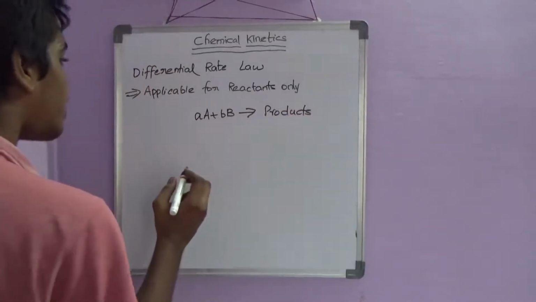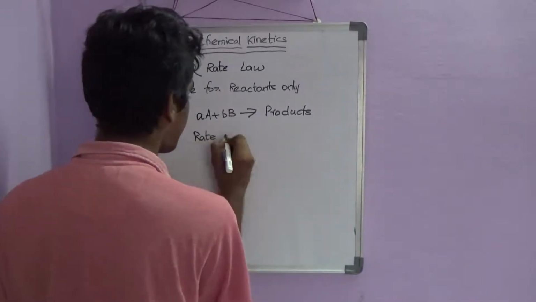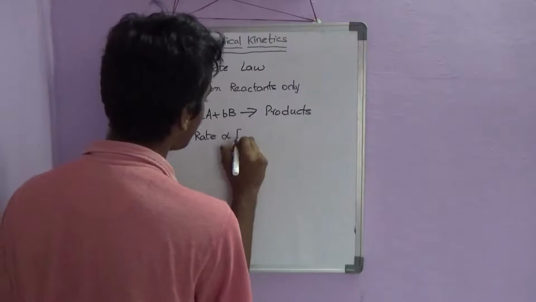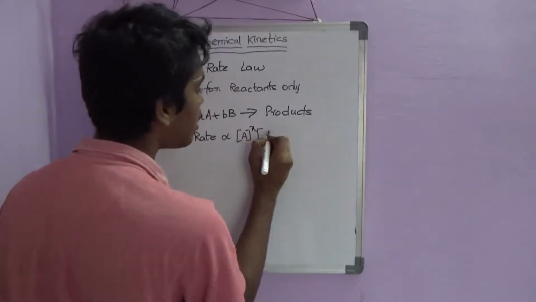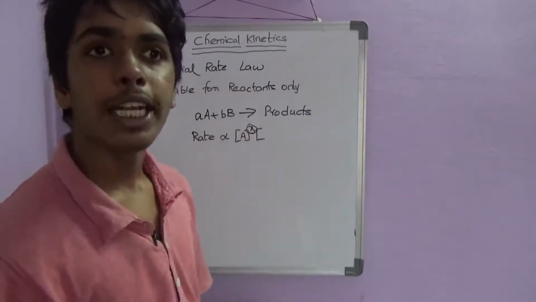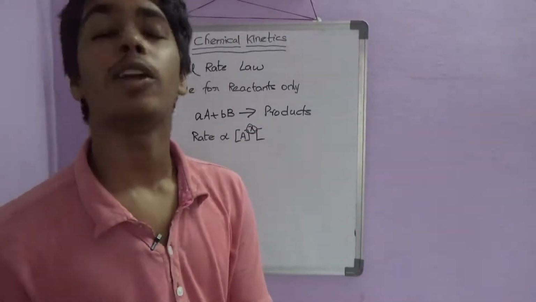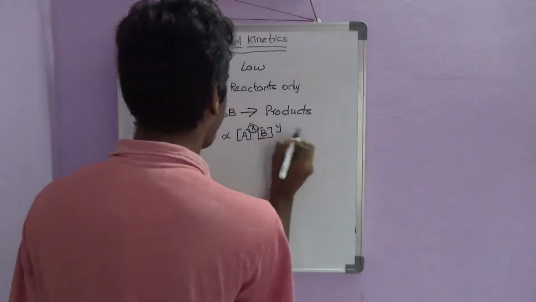Now, if you apply, rate is directly proportional to A to the power of x. The power may be the stoichiometric coefficient or may not be the stoichiometric coefficient. B to the power of y.